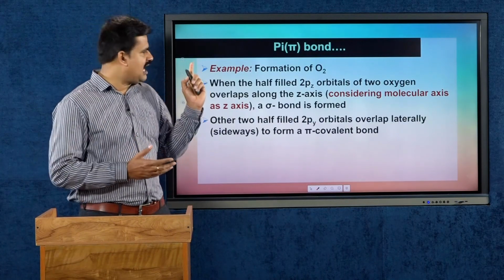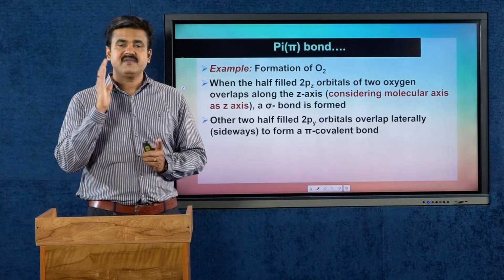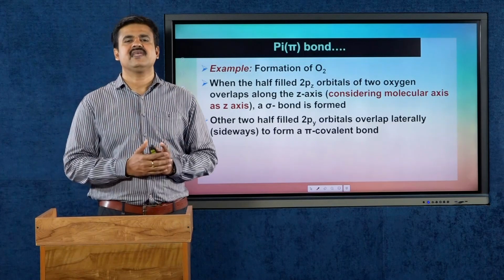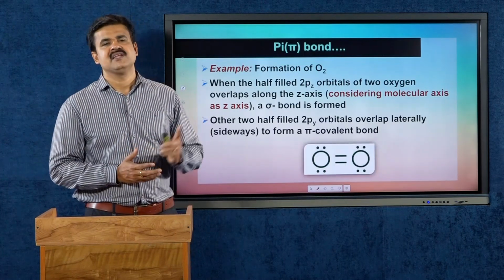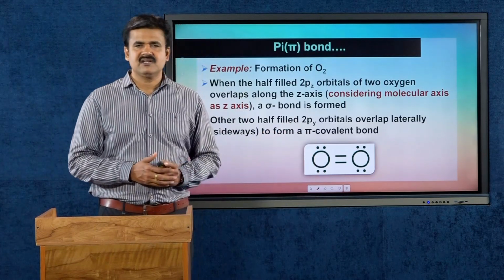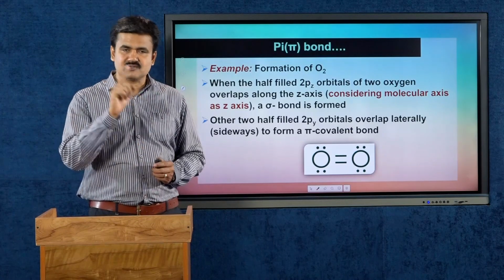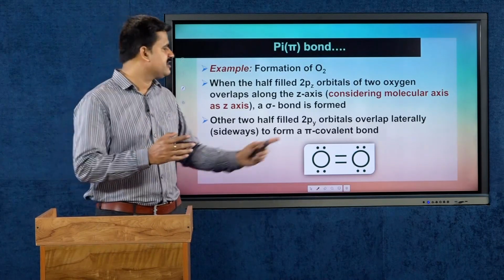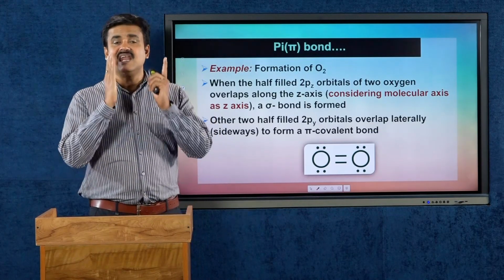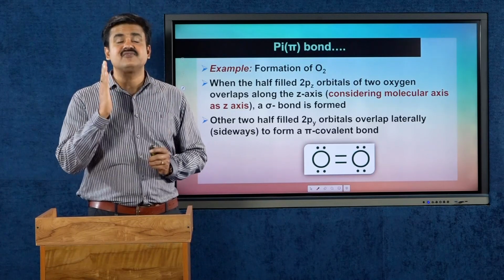The other half-filled 2p orbitals of each oxygen overlap laterally or sidewise to form a pi covalent bond. That is, in the O2 molecule, one bond is a sigma bond, formed by the end-to-end overlap of the 2pz orbitals of each oxygen, and the second bond is the pi bond, which occurs due to the lateral or sidewise overlap of the 2px orbitals of each oxygen.